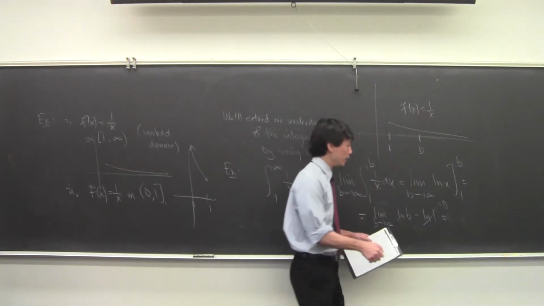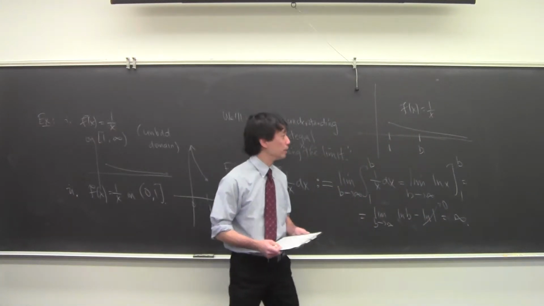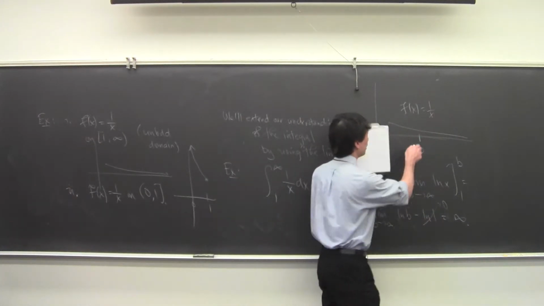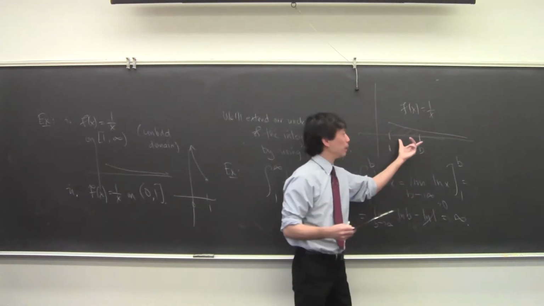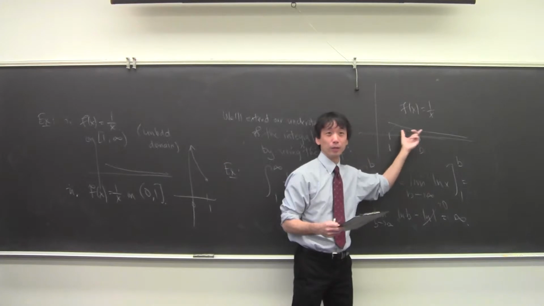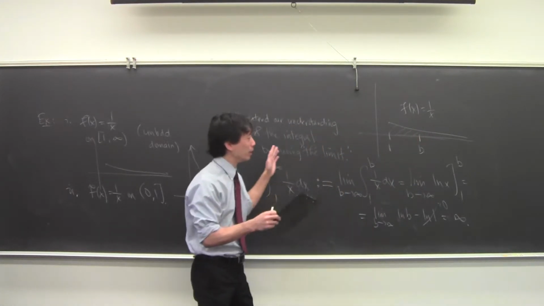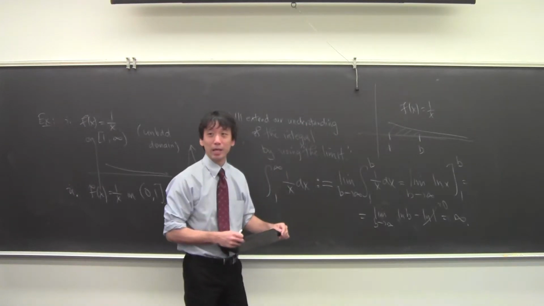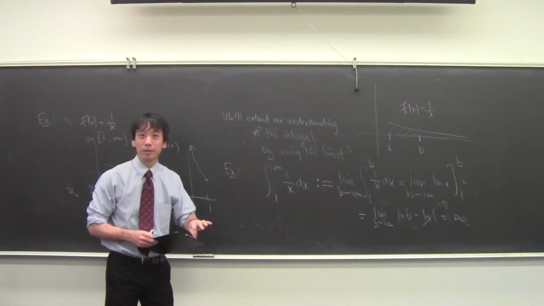Well, that's infinity. So the area under this, as b goes to infinity, increases beyond any number that you can choose. No matter what number you choose, it's going to get bigger than that number. Everybody okay?